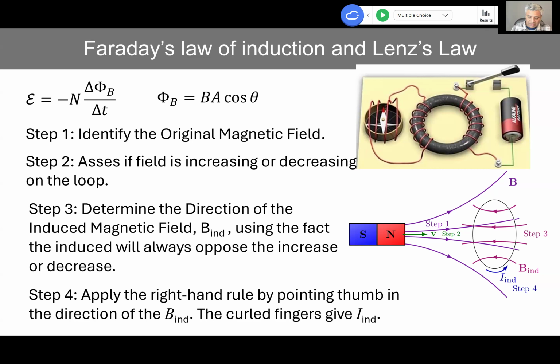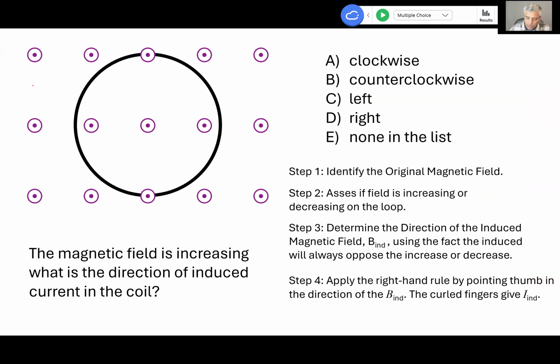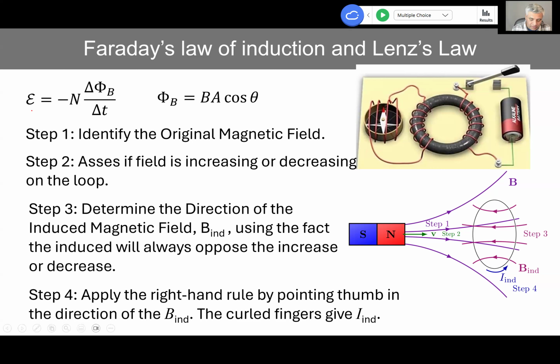This Faraday's law gives us how much EMF is induced when the rate of flux change is this. So there is N, and this N means the number of turns in the coil. For example, here there is a battery connected to a coil.